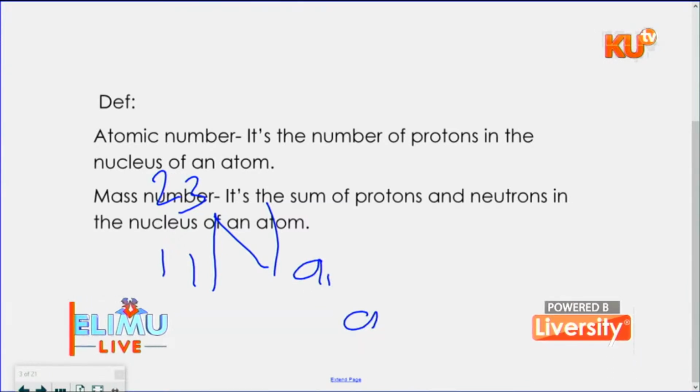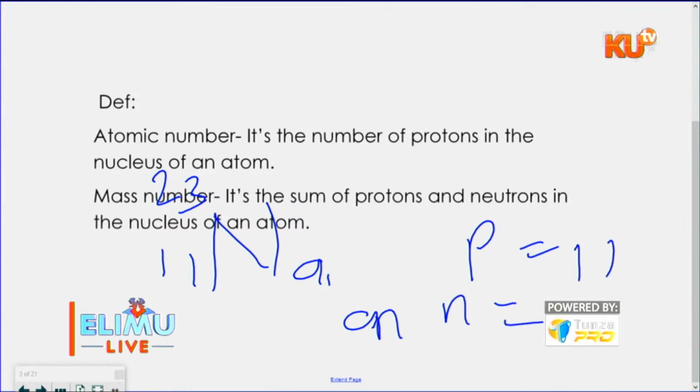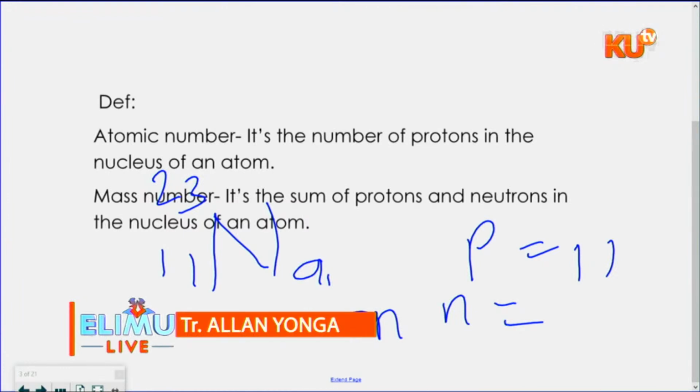So 11 is representing the atomic number, 23 is representing the mass number. So you can show P, how many protons? P will be 11. Then how many neutrons? We have said mass number is the sum of protons and neutrons. So to get the number of neutrons, you do 23 minus 11, which gives you 12.